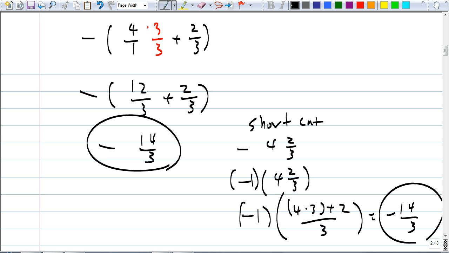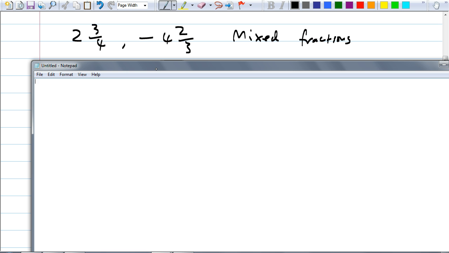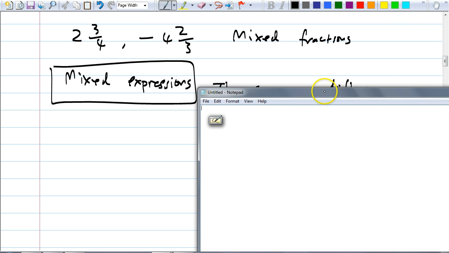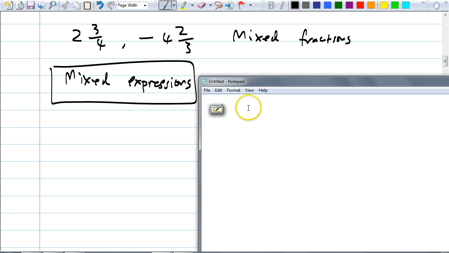Good? Okay, so these two examples that we did, 2 and 3/4, negative 4 and 2/3, are called mixed fractions. These could also be called mixed expressions. By definition, a mixed expression, anybody want to guess? It's kind of like mixed fractions, but now instead of just numbers, you could have variables in them.